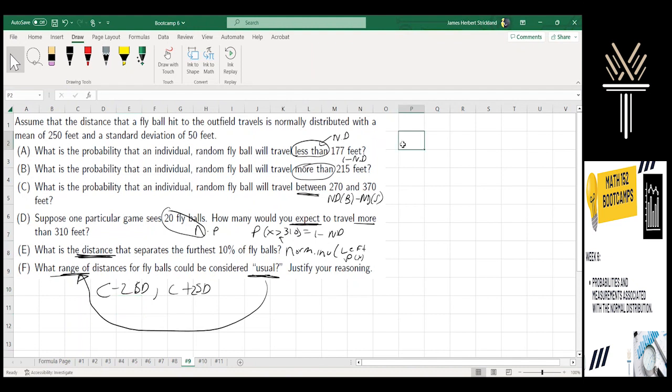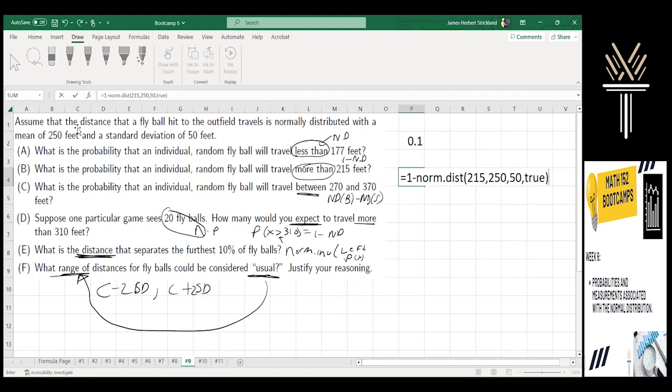So less than means just norm.dis. The measurement was 177. Our mean is 250. Our deviation is 50. Always true. Kaplow. More than, 1 minus norm.dis. Measurement now is 215, given 250, 50, always true.